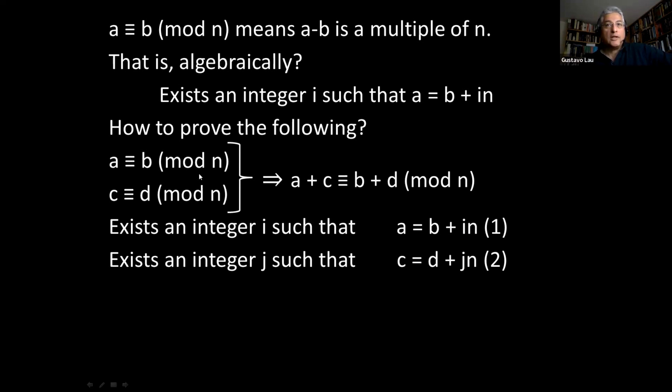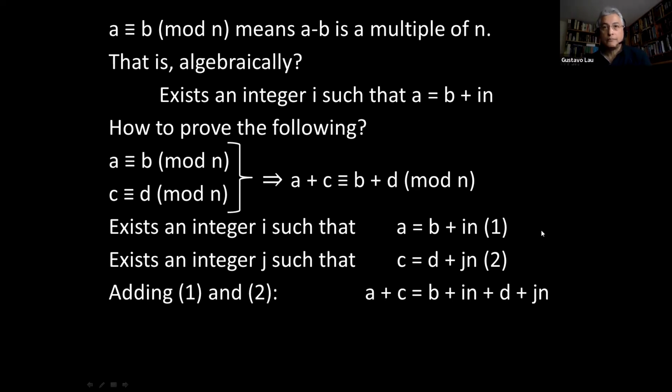Okay, do you see that? Do you see how these two premises can be written this way? Yeah. Okay, so because we want to get to A plus C and B plus D, we add these two equalities, 1 and 2, and we get this. But then you can rewrite the right-hand side, taking common factor N and rearranging, you can write it this way. You see?